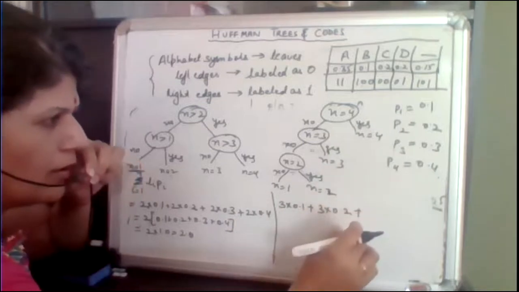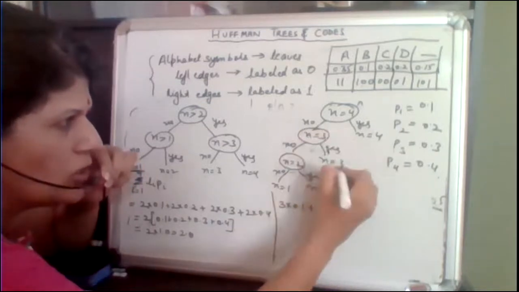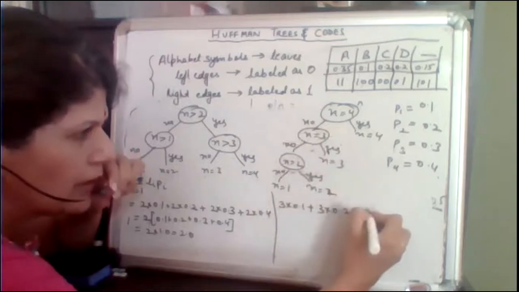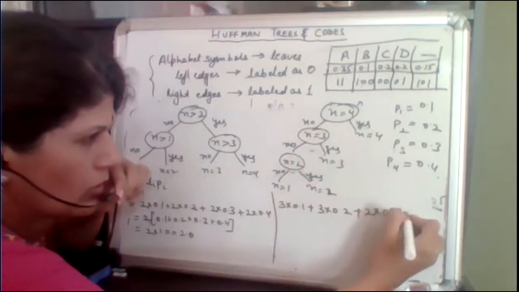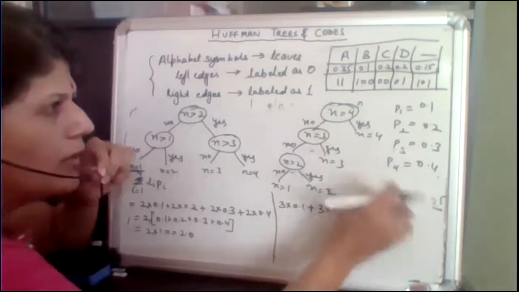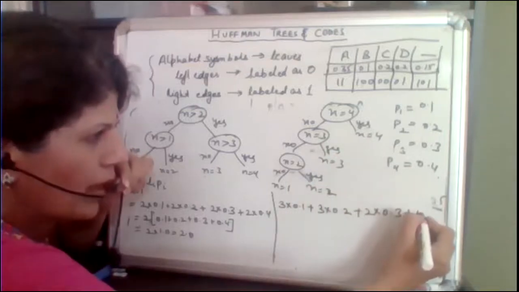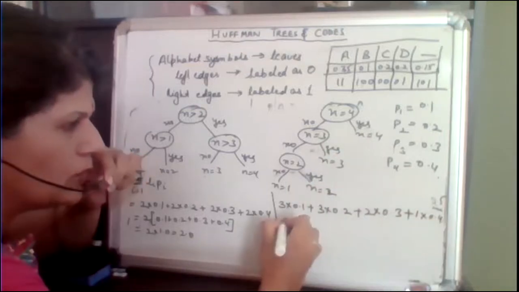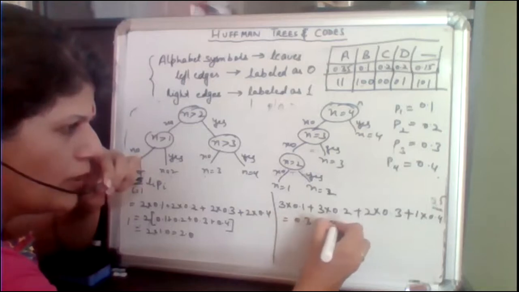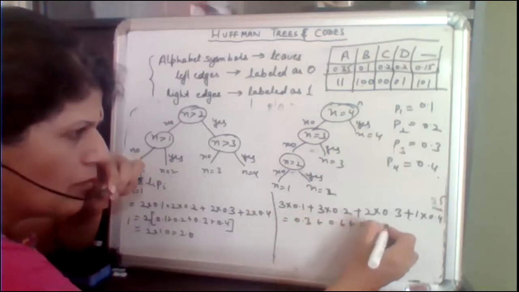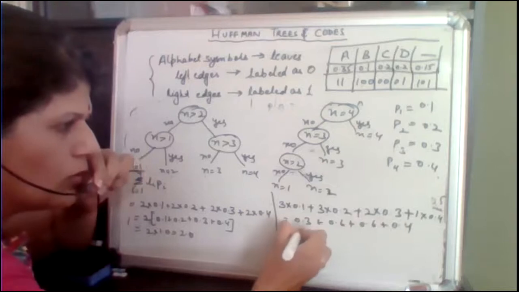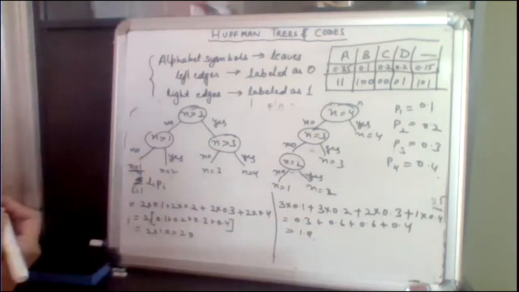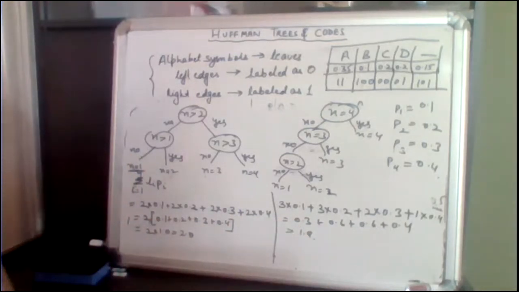Yes. And then to reach 3, you need 2 path length and the probability is 0.3. And for 4, you need only 1 into 0.4. So this becomes 0.3 plus 0.6 plus 0.6 plus 0.4, which is equal to 1.9. So that is the complete weighted path length.